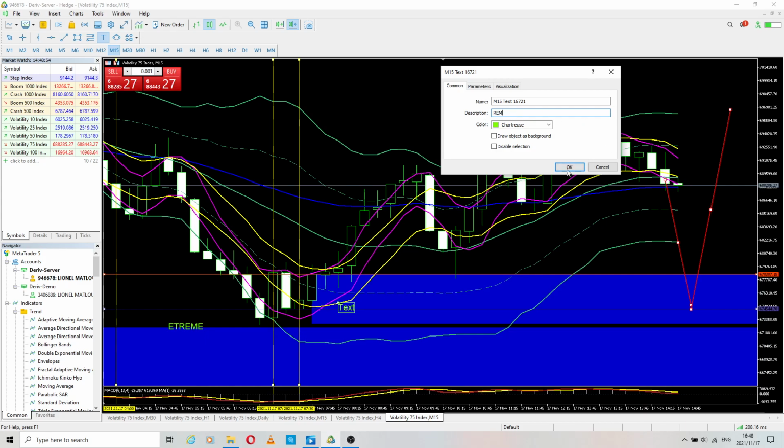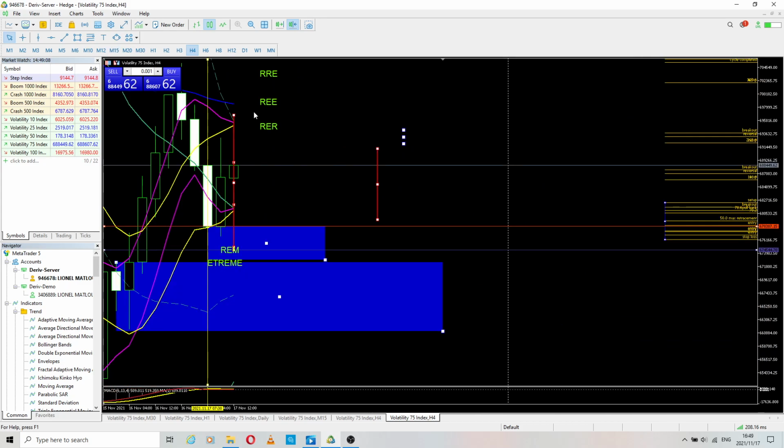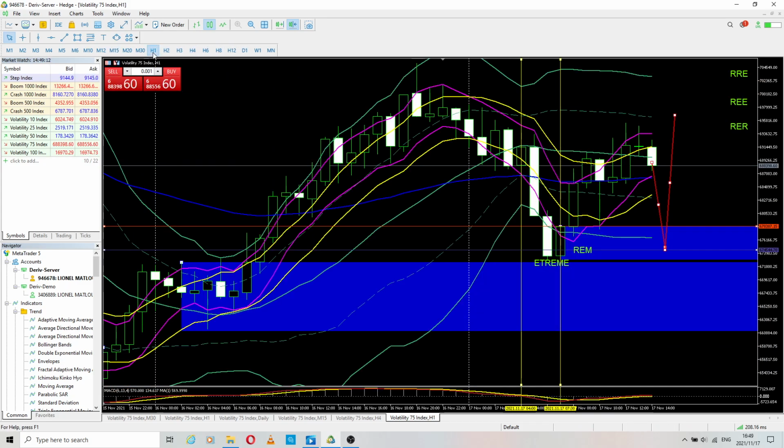So after having this re-entry, extreme, MLV, we are moving to another one. Let's check what we can have there. Let me see. Because I saw one hour having a re-entry like this one here. We have this re-entry there.